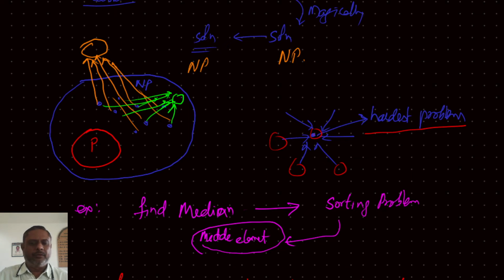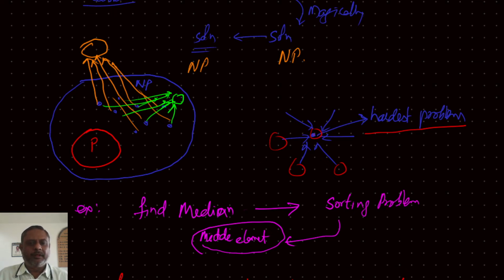So what we can say is, this problem is harder than all these problems, of course, because that is what the arrows tell. And at the same time, this problem is harder than all these problems. The only difference between these two is, this one is inside our NP range and this is outside.